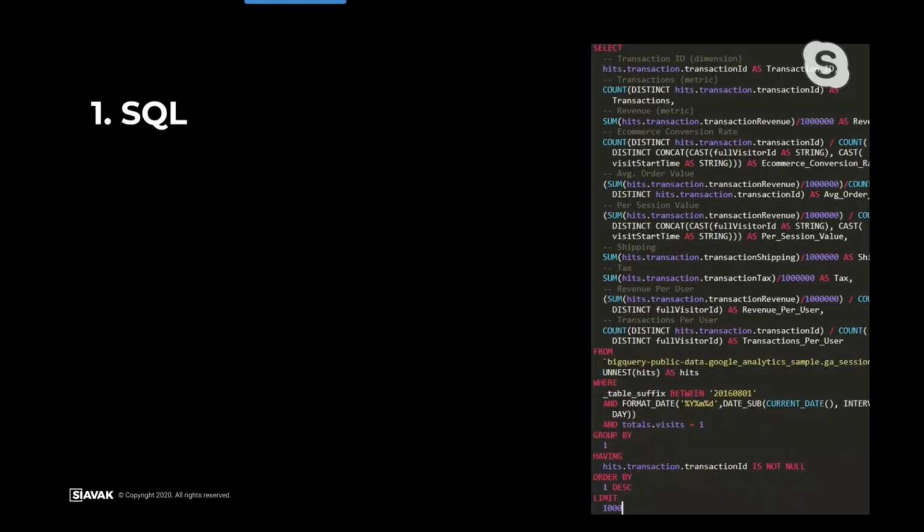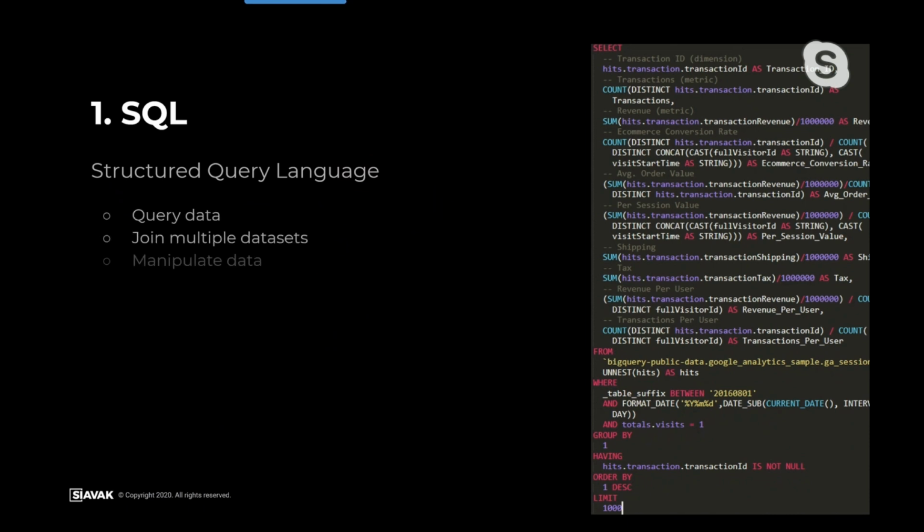The first way of transforming your data is through SQL, which stands for Structured Query Language. It's easy to learn. You can use it to query data, join multiple data sets, and manipulate your data. And it looks like the code that I'm showing on the right side of my screen.